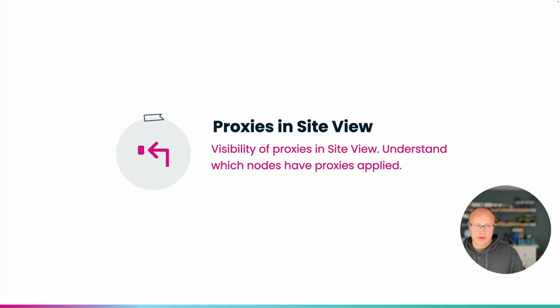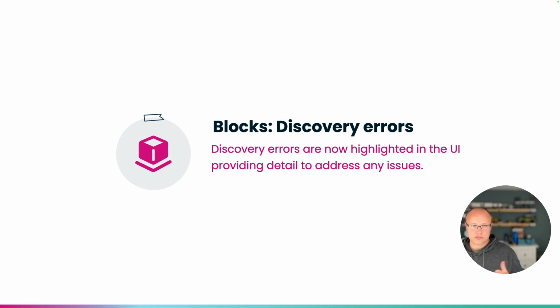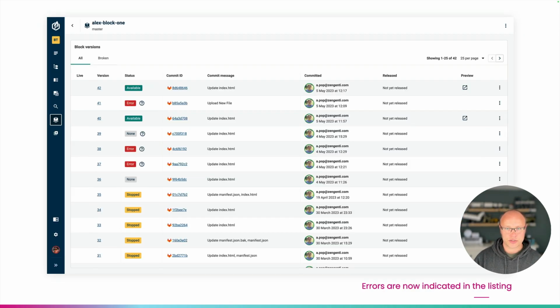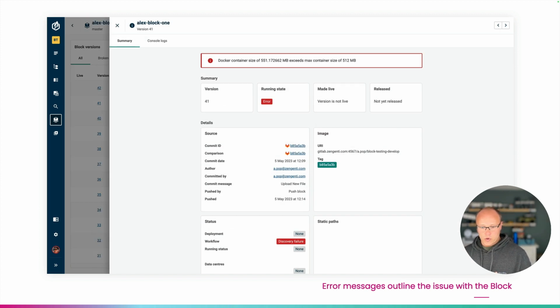We've also introduced the surfacing of discovery errors in blocks. So if for some reason your block isn't being discovered, we highlight this in the UI. So as you can see from the screenshot, we've got a couple of error statuses with a question mark. And when you click on those question marks or open up the version details, you'll get a reason why that block has not been discovered.